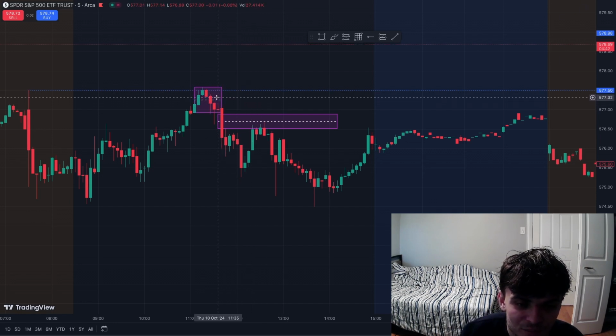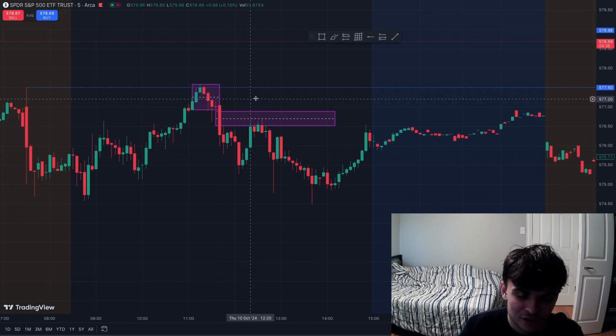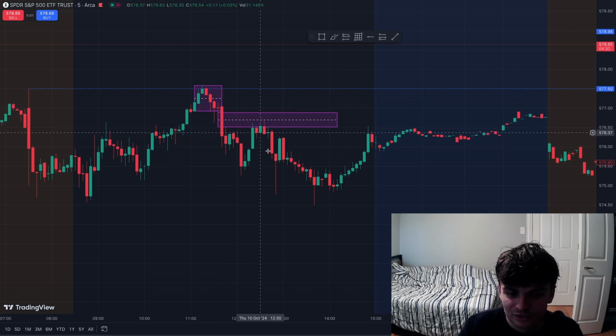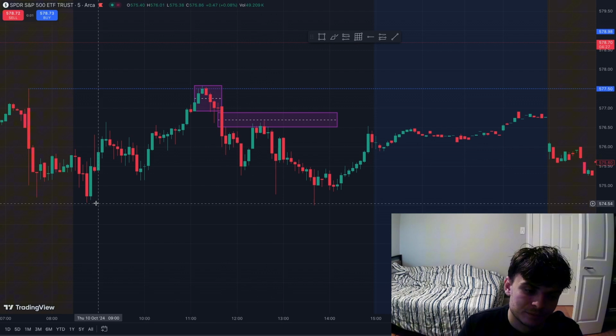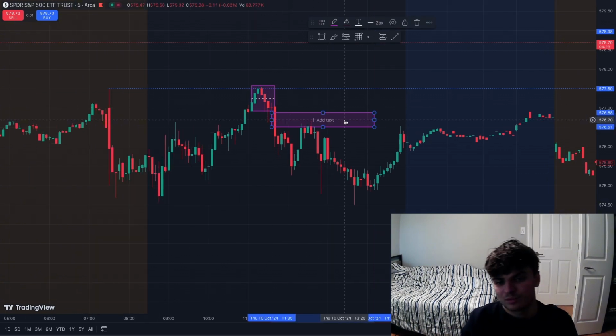So we had a fair value gap right here. Never ended up filling it, but we ended up having an order block where price came back into. I would have had my entry right there. Anyways, it would have even been extra confirmation when a fair value gap to the downside was developed, because price retraced back into it and then obviously rejected back down. And then it even hit these lows all the way down here that you could have had your take profit set to.